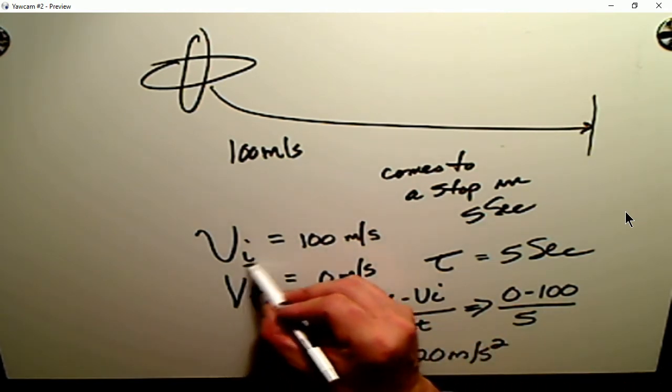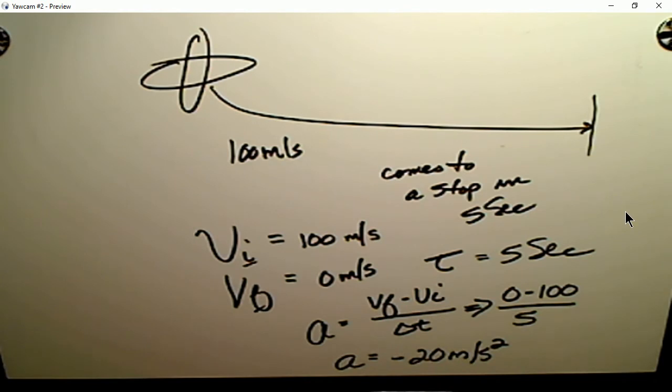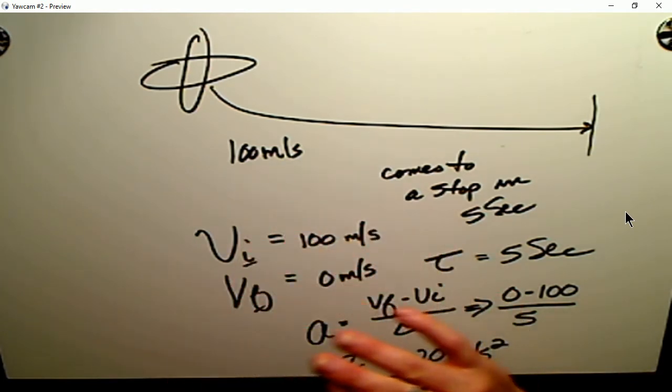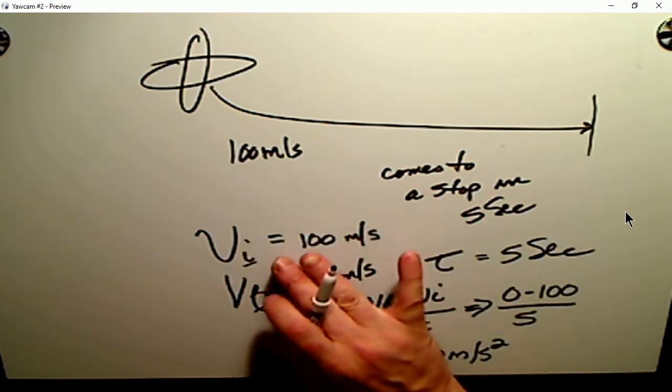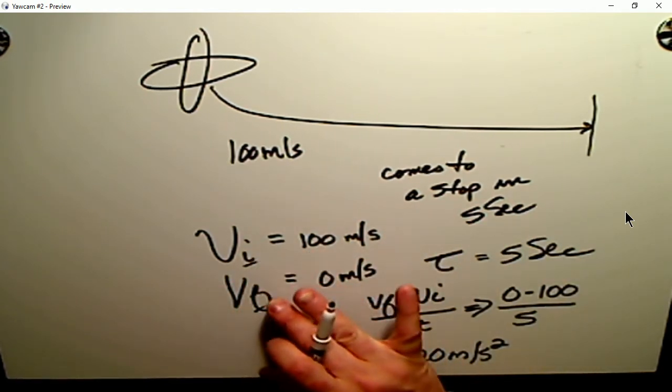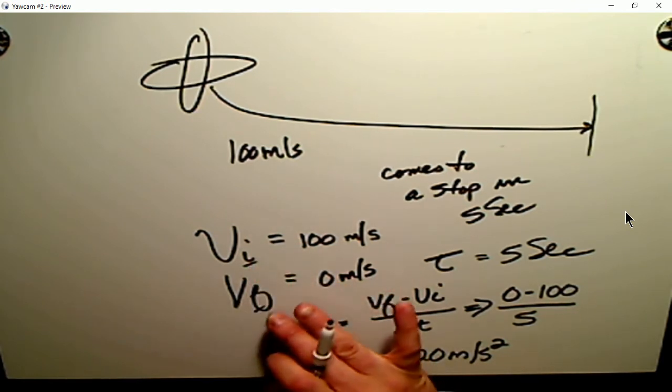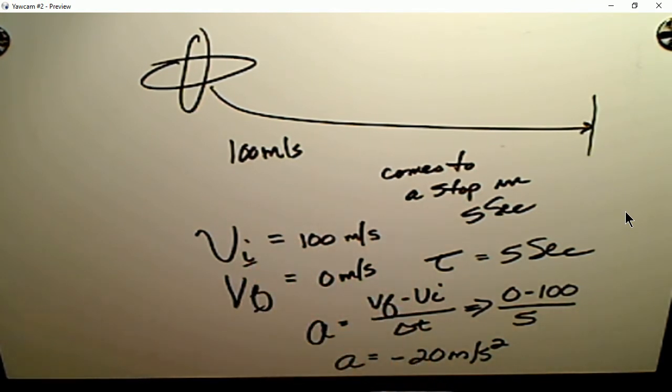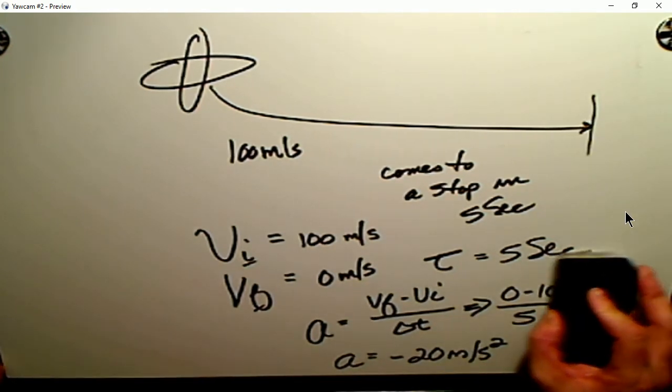So this type of notation you'll be seeing in our kinematics, and gives you an idea of most of the books use this type of notation where they do a subscript of I for initial, subscript of F for final. And as you can see here, we calculated the acceleration.